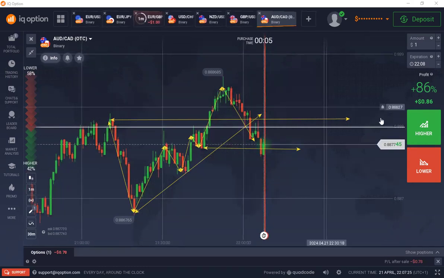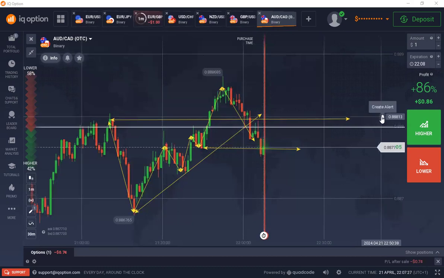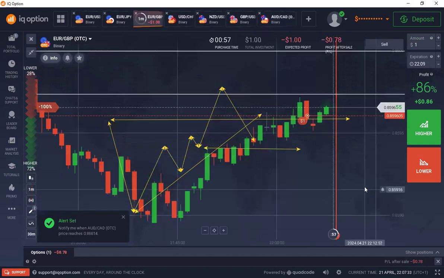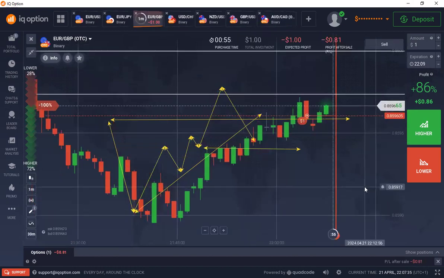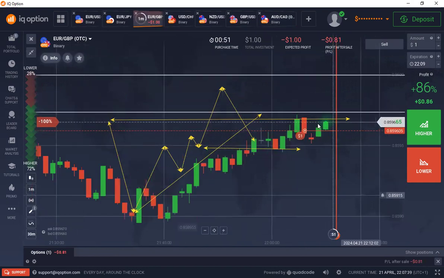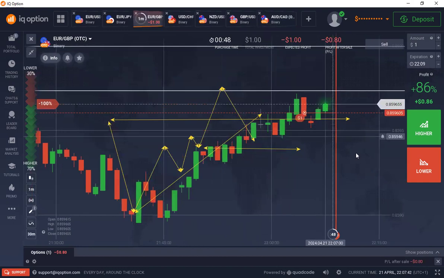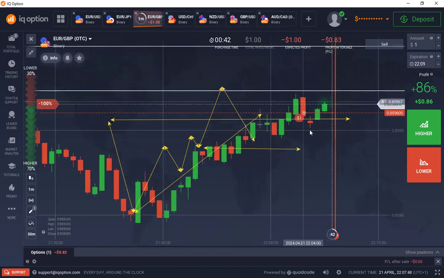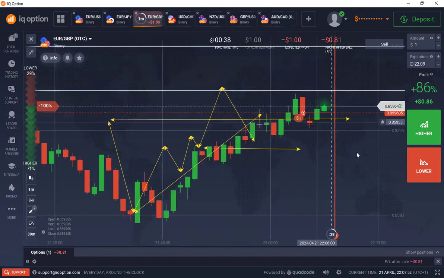So our entry zone should be somewhere around here. Let's see what's going on here. I think the entry here is very bad. You can see the market moved away from the zone and then retraced back again with two more candles.